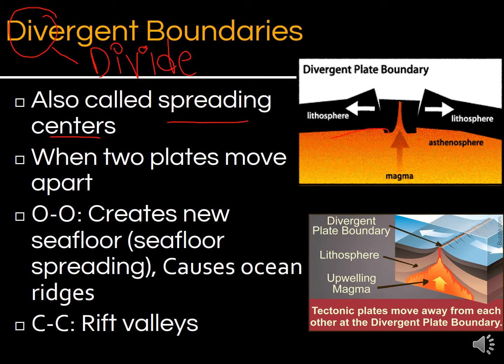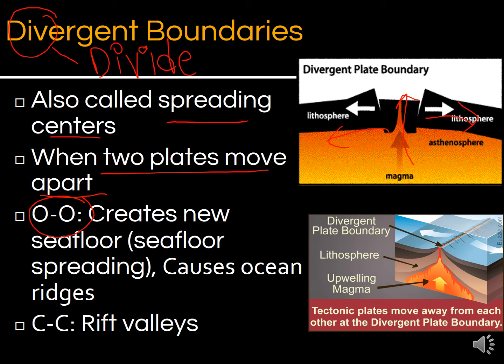So once it spreads, what comes up? What does this make? What does that look like? Looks like a volcano, huh? So when two plates move apart, so divergent, divide. This is my little symbol to show you dividing.